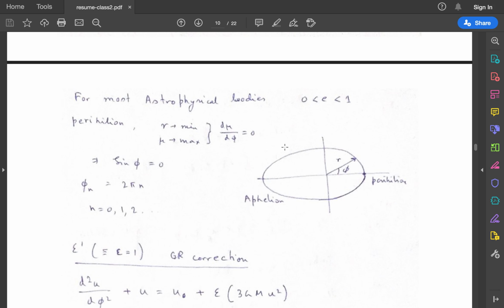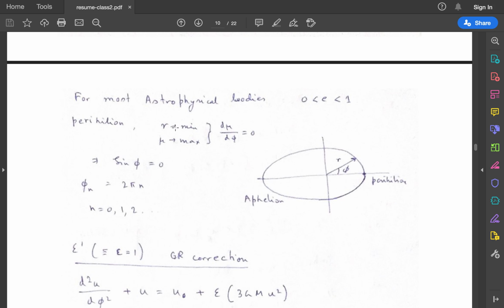So if I now draw this ellipse, we have this is the phi and this is the r. Our motion of any heavenly body around some body which is sitting here is along this orbit, and this is called the perihelion of the orbit, and this is the aphelion of the orbit.